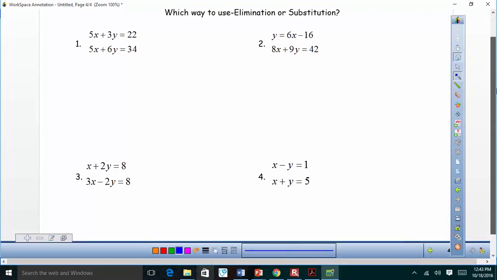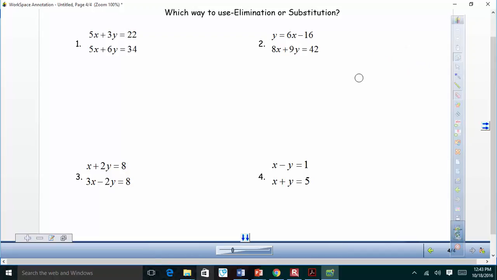So in number 1, do you think, hold on, let's write what elimination is, and then let's write what substitution is. So elimination, what are we looking for? Same number, opposite sign. Okay, and substitution, what are we looking for? Do y'all know?